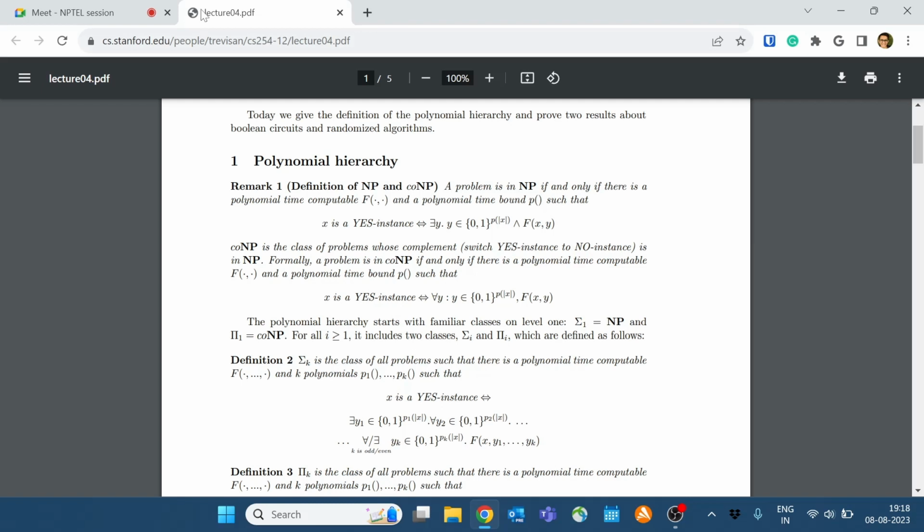If you pick any y which satisfies this... but this is always true, right? Because pick any y in {0,1}^p(x), this would always be satisfied. Forget about this. The statement that y is not an element of {0,1}^p(x) is always false, because we are only considering witnesses of polynomial length.